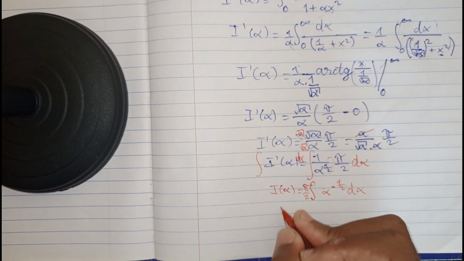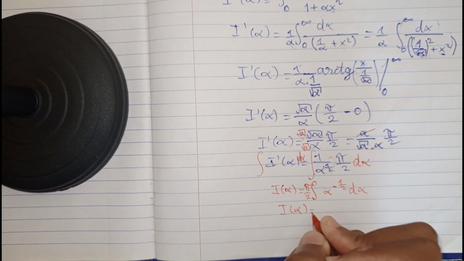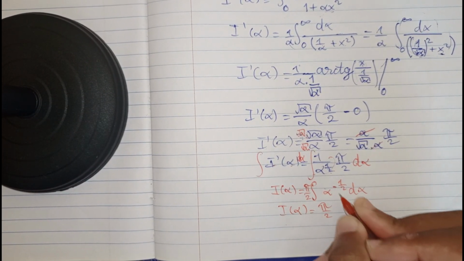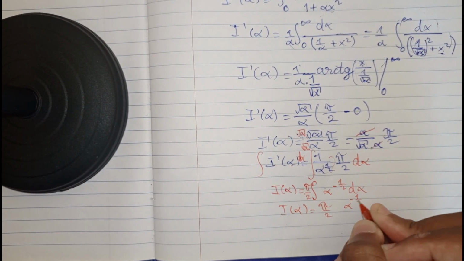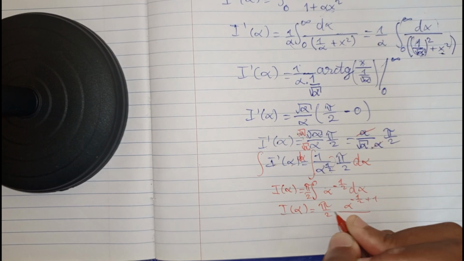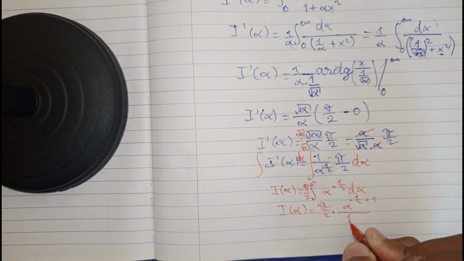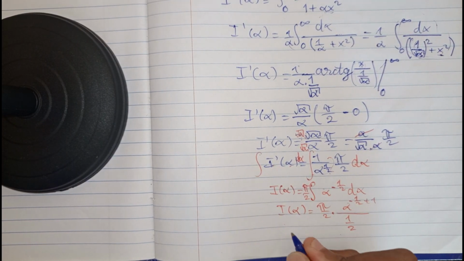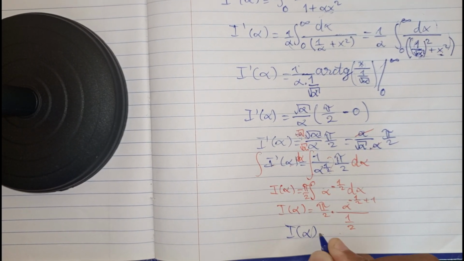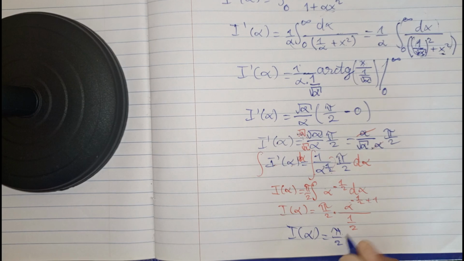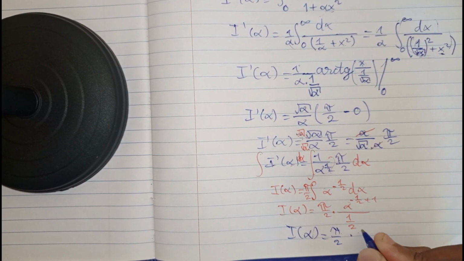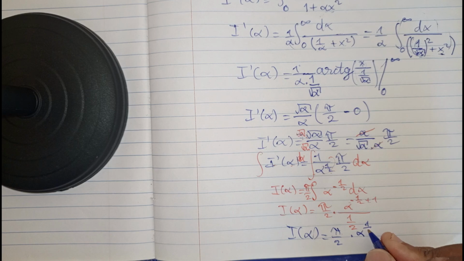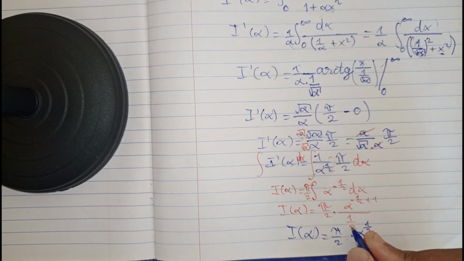This integral I know you know how to deal with: we add 1 to the exponent and divide by the new exponent. So I of alpha is equal to pi over 2, times alpha to the power of 1 over 2, and the 2 goes up.